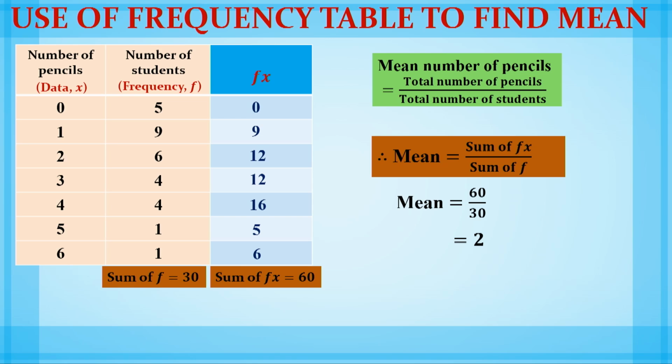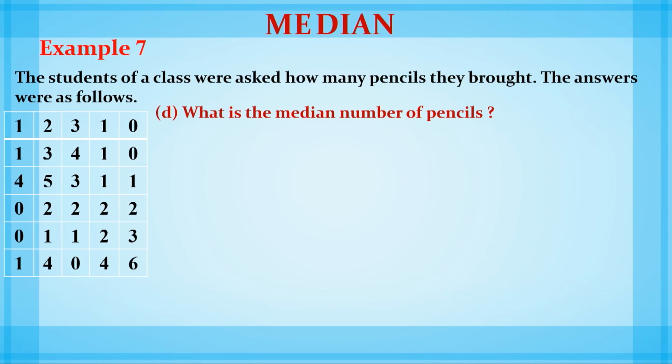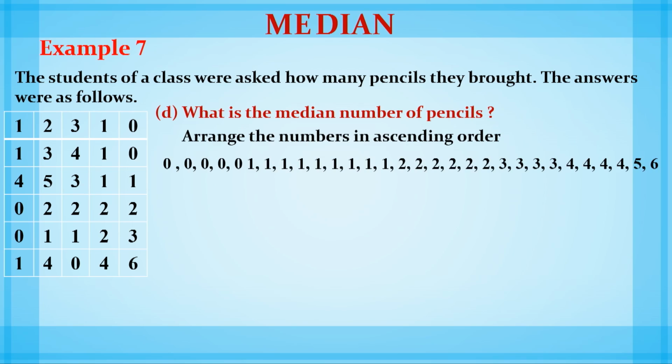Next, let us find the median for raw data using the same example. Now, first, arrange the numbers in ascending order. Next, cut one number on each side of the list until the middle term is located, as shown here.